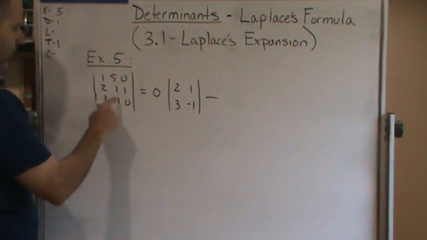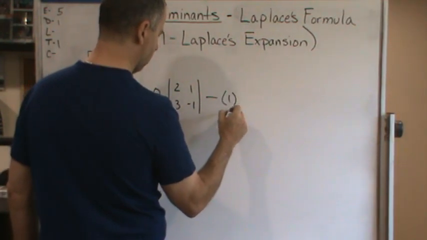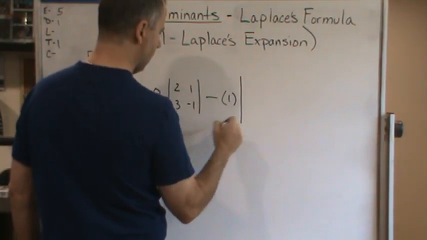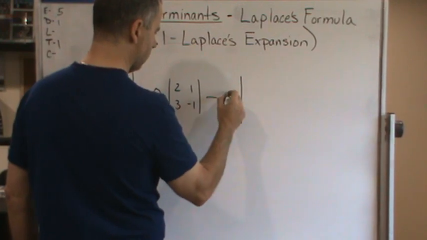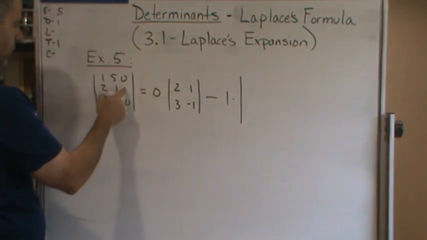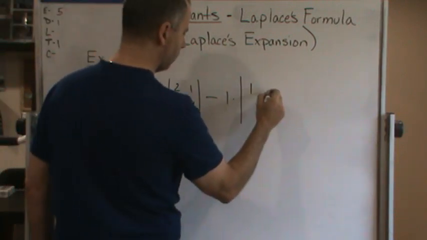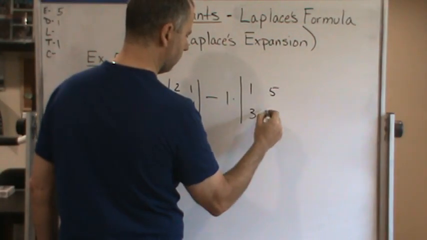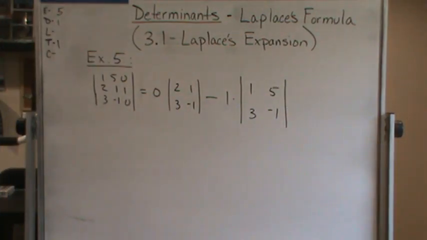And then what do I have here? I've got a 1 times, well, let's just do it this way. What's left over here? Again, if I ignore that row and this column, then I'm left over with 1, 5, 3, negative 1. Okay.